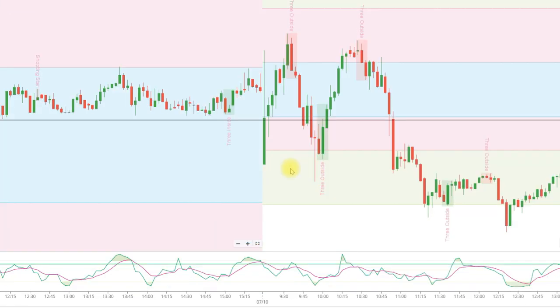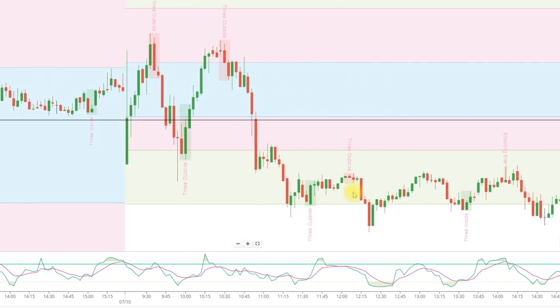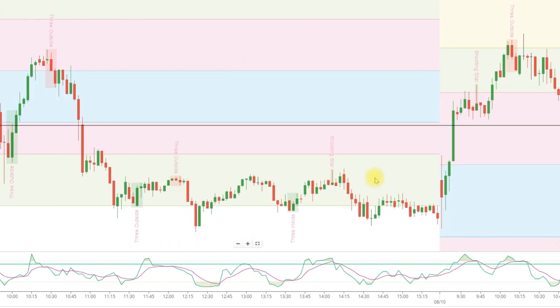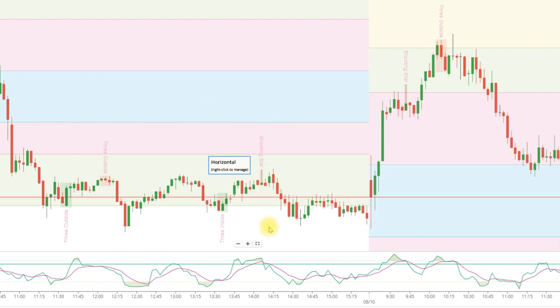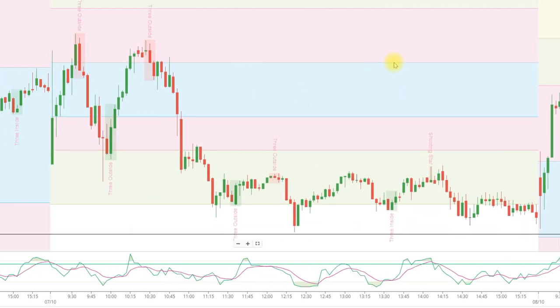It tried to break the low in the starting candle, bounced back in, and retested this level. It retested the inside, and then it again came down. Again the same thing, again this high was retested.